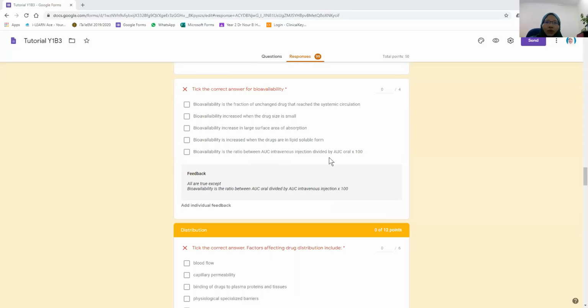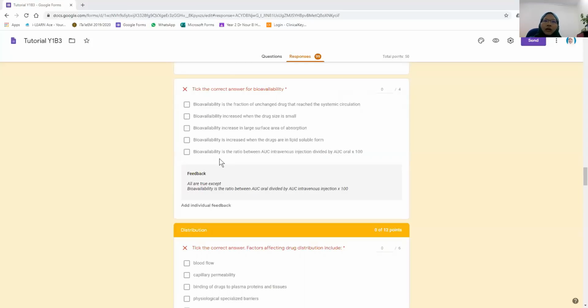Okay, this is wrong. Why is it wrong? Because bioavailability is the ratio between the area under the curve of oral divided by the area under the curve of intravenous injection. For example, if 100 milligram of a drug is administered orally, only 50 milligram of the drug will reach the systemic circulation because the bioavailability is 50%.